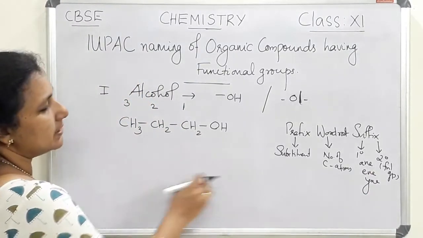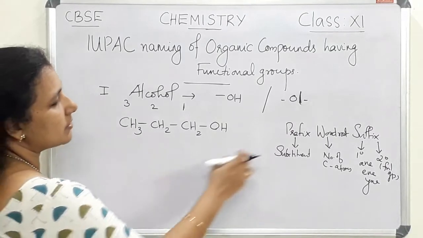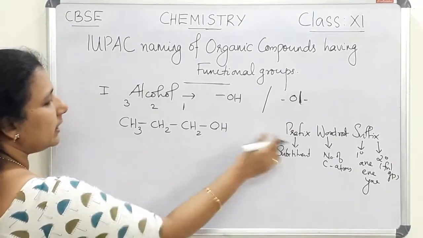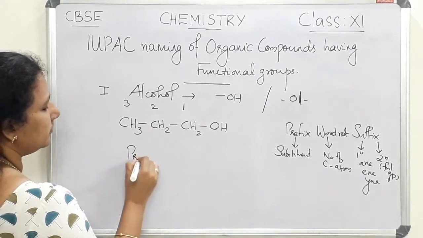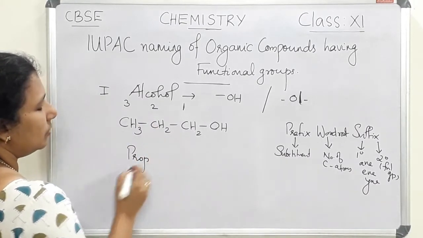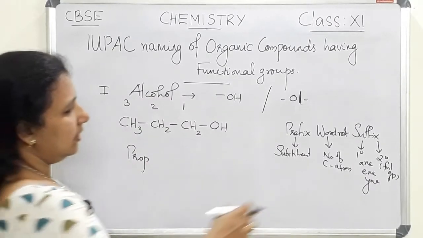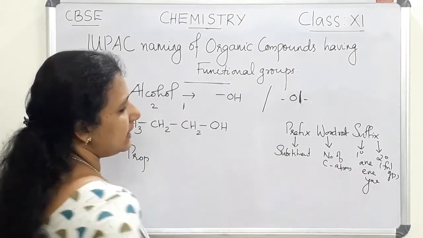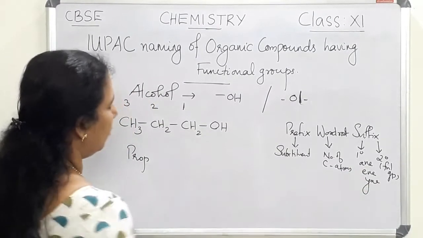In this case, there are no substituents, so there is no prefix. Then comes the word root, which means the number of carbon atoms. It is 3, so it comes like prop. Then the primary suffix, ANE, ENE or YNE.